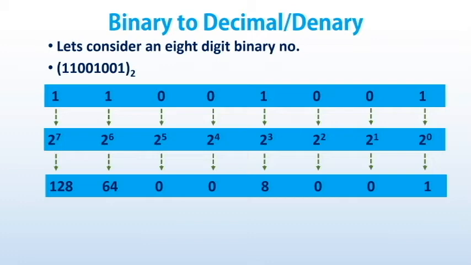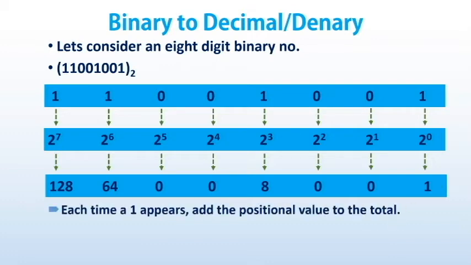Now, the final step: we will add all these values to get the equivalent decimal number. We get the result as 128 plus 64 plus 8 plus 1, which is 201. So the given binary number is equivalent to 201 in decimal.